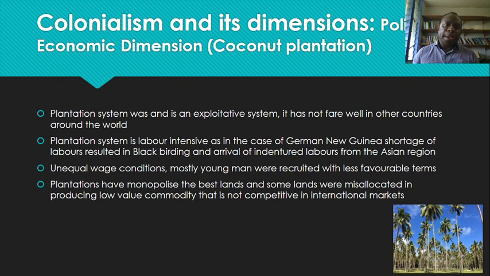However, the presence of the plantation system introduced the people of Papua New Guinea to the production of cash crops for income, and the idea of entrepreneurship amongst our locals.